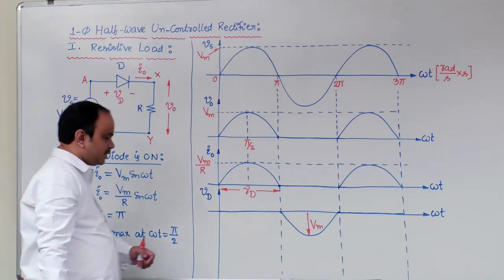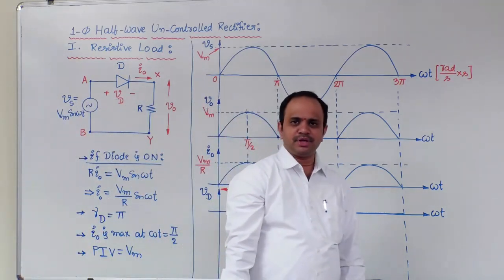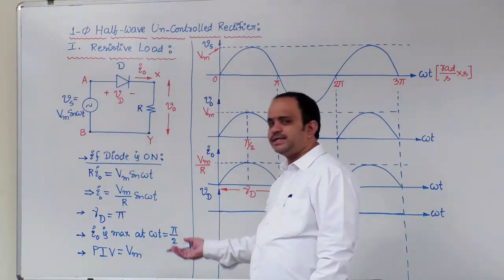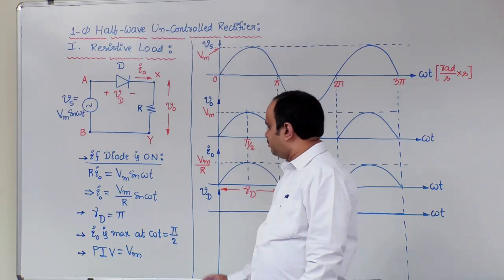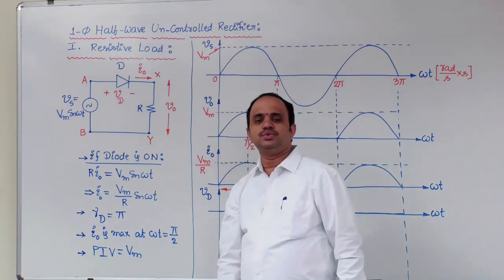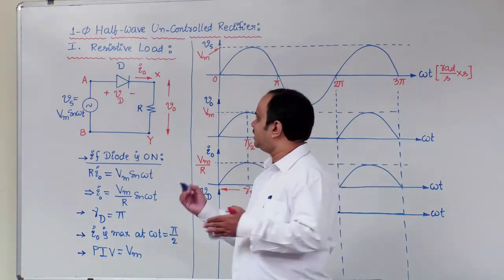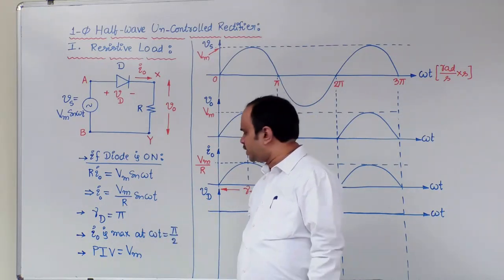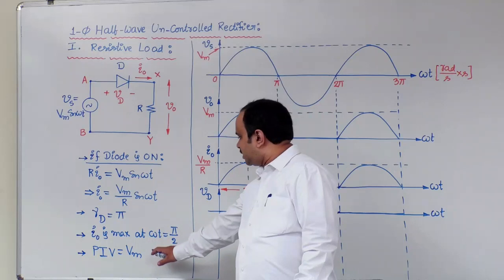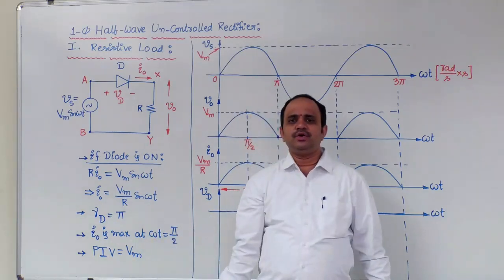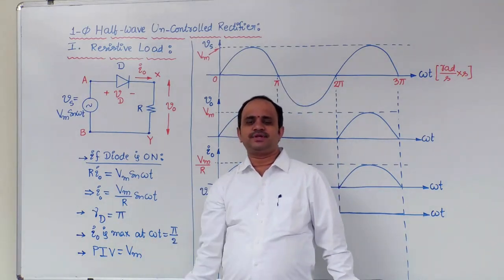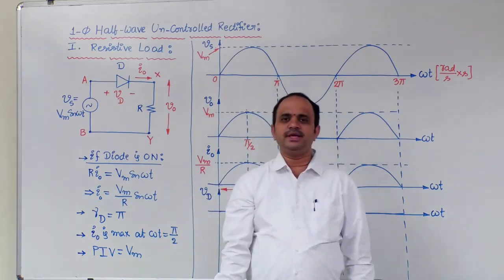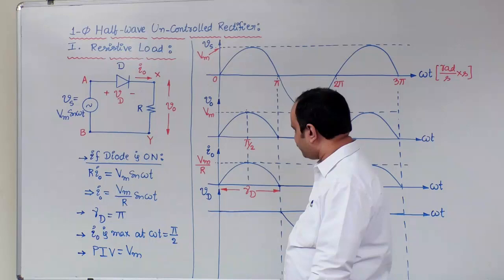Now remember, while writing PIV, no need to use a minus symbol, because the terminology itself, inverse, is already included. Basically, this PIV is used to select the device voltage rating. Even a 1 or 2 volt error is no need to worry about, because once Vm is identified, we will take a factor of safety of 1.5 or 2 times that value. Okay, therefore we will be in a safe position.